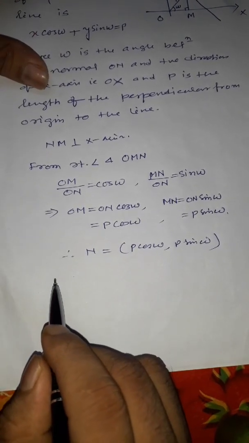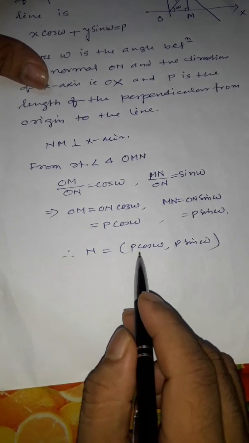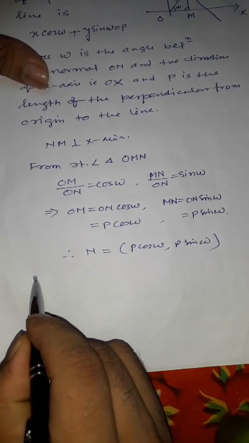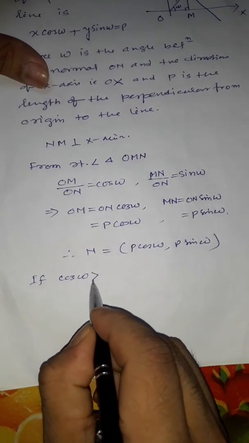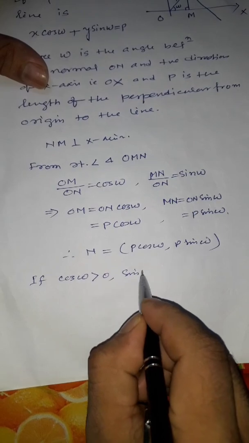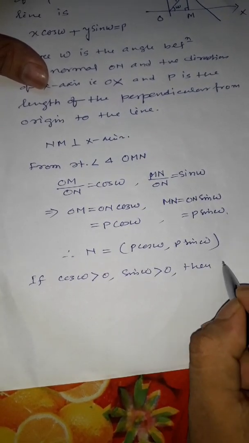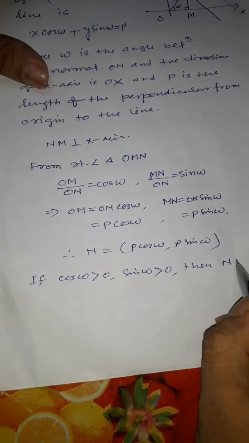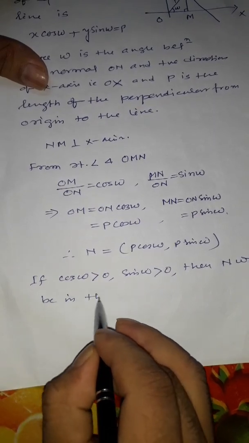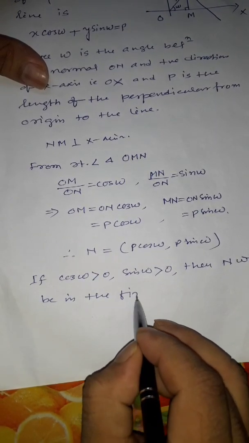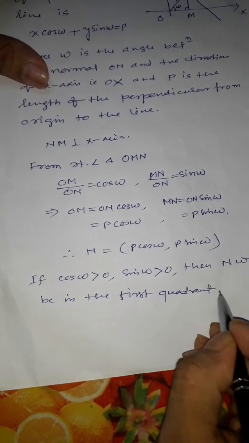Now we have to find the value of omega using this condition. So if cos omega is greater than 0 and sin omega is greater than 0, then N will be in the first quadrant.